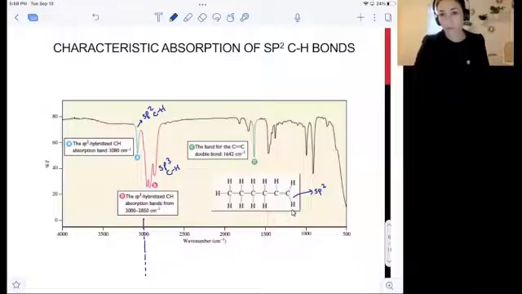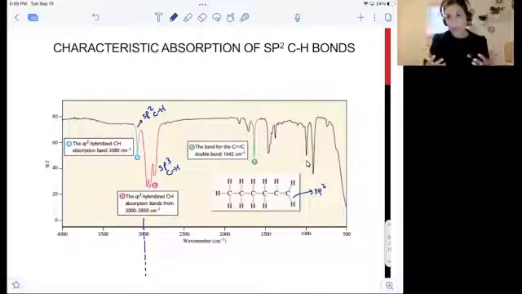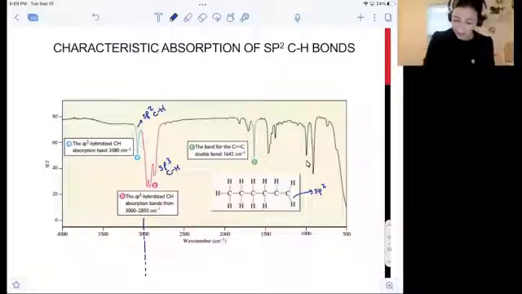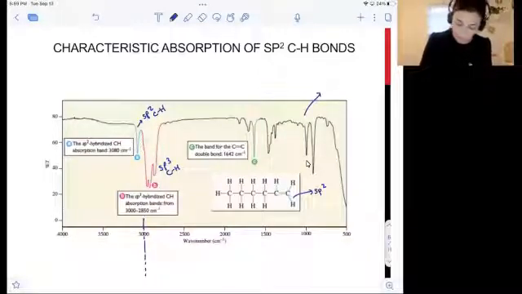You'll notice so far we haven't talked much about the lower region of the spectrum, particularly from about 1,300 to 500. There are peaks there, so they could be interesting. However, this region often gets messy, and it can be hard to tease out the really important information that's buried within there.